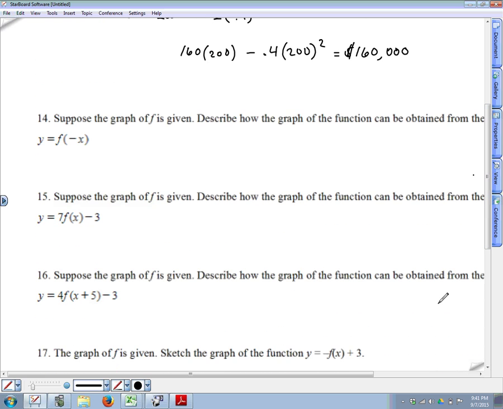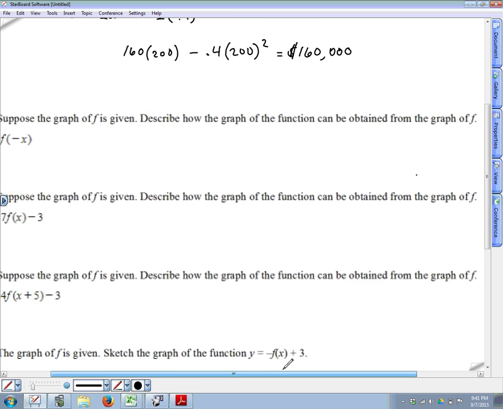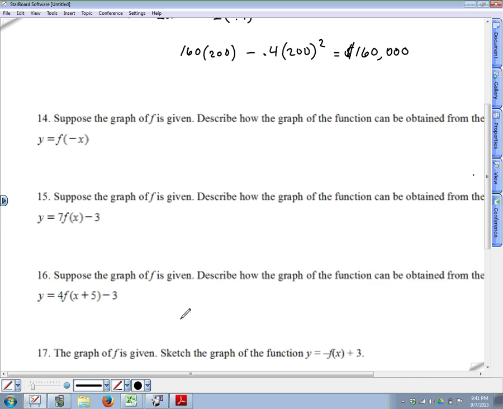now getting back into chapter 2 again. This would be from section 2.6. Suppose the graph of the function is given; describe how the graph of the function can be obtained from the graph of f. Really what they want you to do is write a statement that describes what's happening here. So f of negative x, that's the change right there, and this would be a reflection.